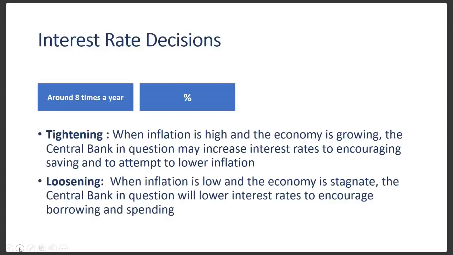Why they do this is because then borrowing is cheaper, so we can borrow more money, buy more goods, and boost the economy up. You saw this clearly after the 2008 financial crisis, when central banks all dropped their interest rates to record lows to encourage us to borrow more, spend more, businesses to borrow more, and inject more money into the economy to boost it and bring it back up.